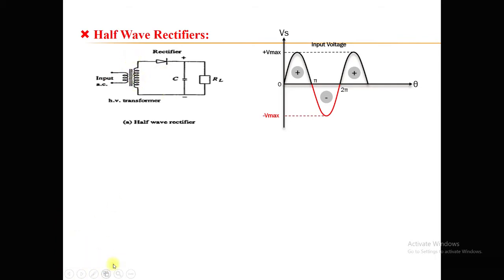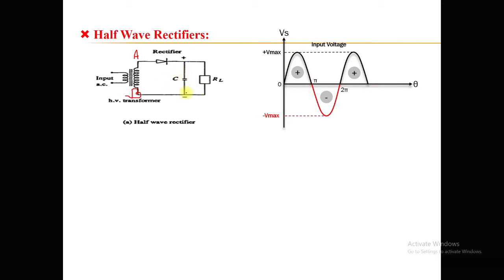Let us assume that this is point A and this is point B. Now we have two cases to discuss: when the capacitor is not present and when the capacitor is present.